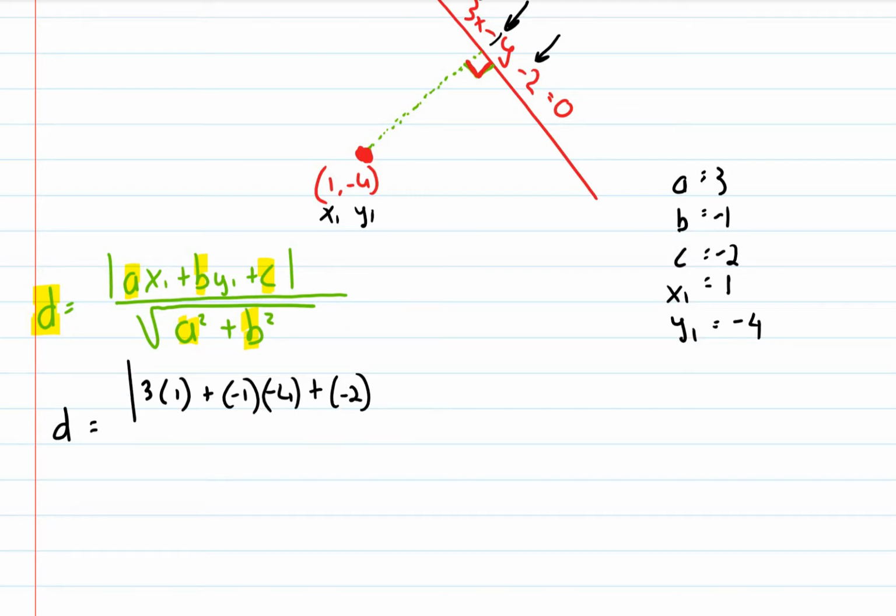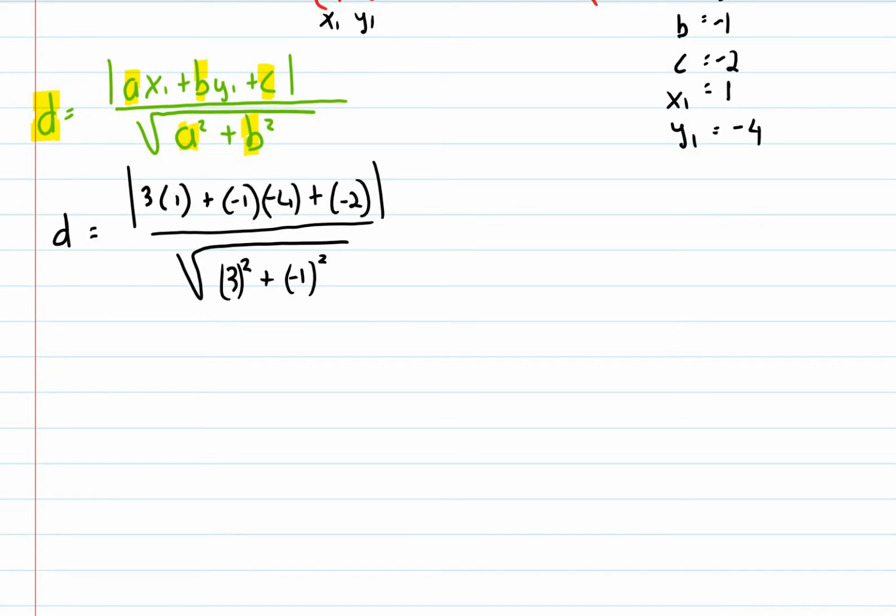And it's the modulus of that all over the square root of a, which is 3 squared, plus b, which is minus 1 squared. Could throw it all into the calculator.